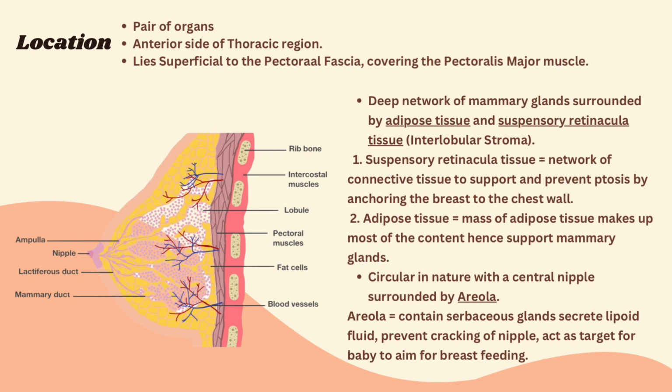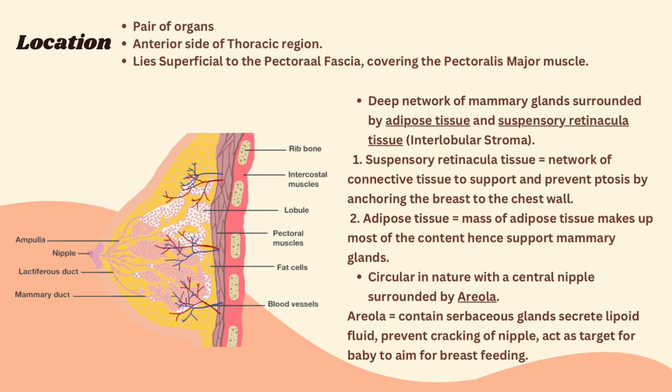The breast consists of deep networks of mammary glands surrounded by adipose tissue and suspensory retinacular tissue, which can also be called interlobular stroma. The interlobular stroma is a network of connective tissue to support and prevent ptosis by anchoring the breast to the chest wall. The adipose tissue makes up most of the content, hence supporting the mammary glands.